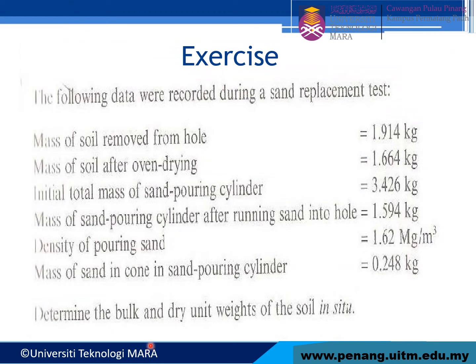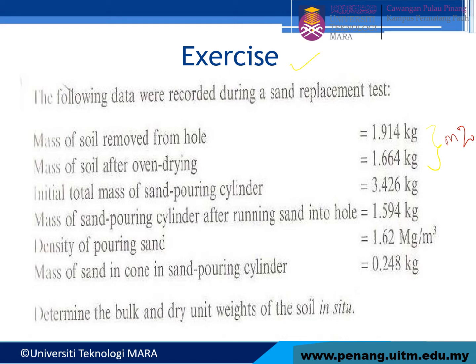Students, you may also try this exercise. You have the mass of soil removed from the hole and the mass of soil after oven drying, from which you will get the moisture content.